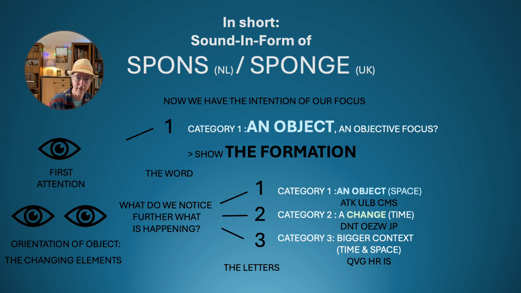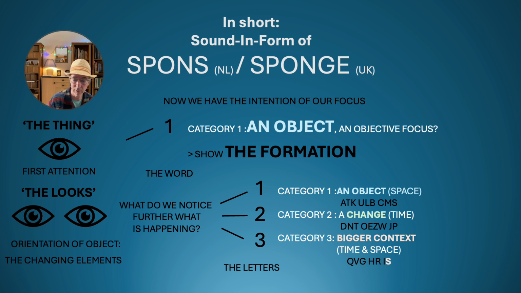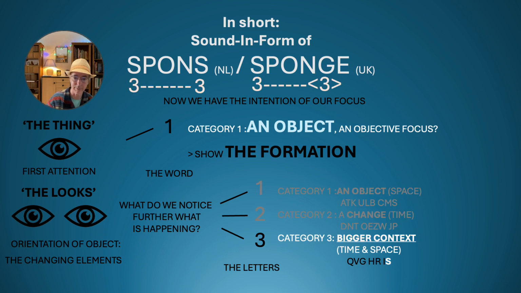What is there immediately that we see in that word sponge is that we have letters that are referring to the 3rd category especially. So it is the beginning and ending that is in the 3rd category. When we look at what is happening there, we have a context, that 3rd bigger context association.